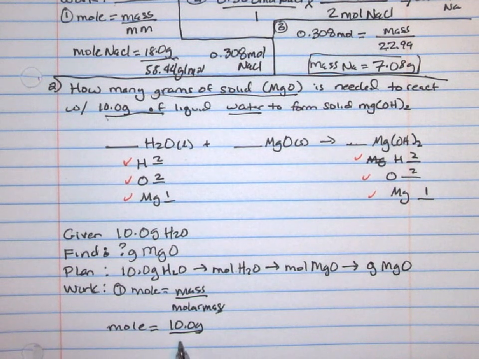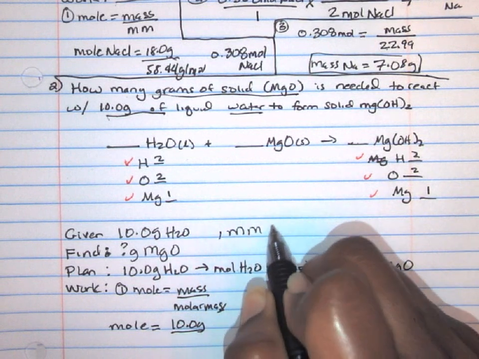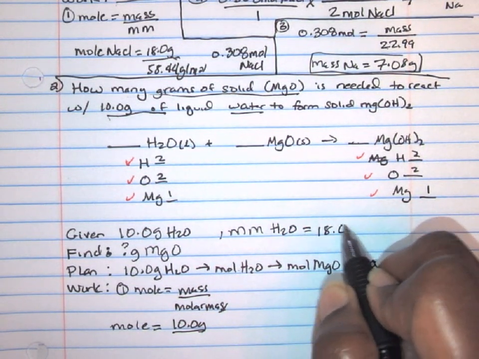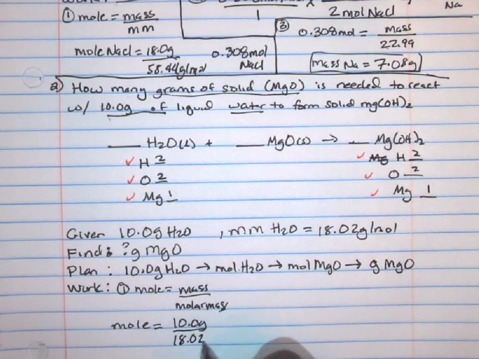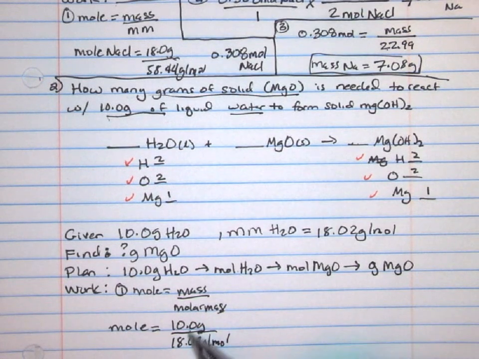When you add it all up, the molar mass of water is 18.02 grams per mole. So I can divide these two numbers, and that'll get me my moles of water.